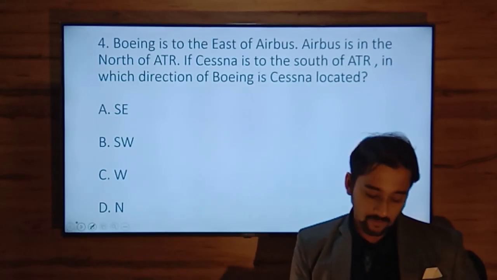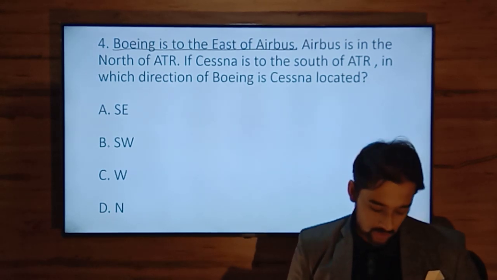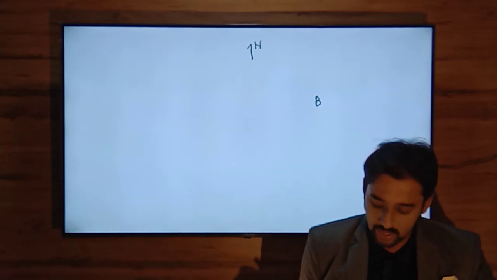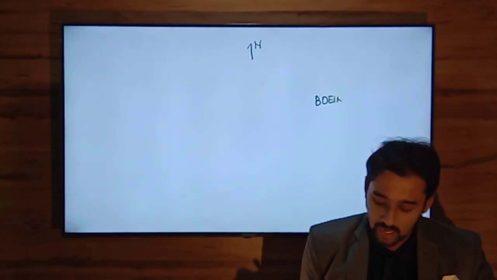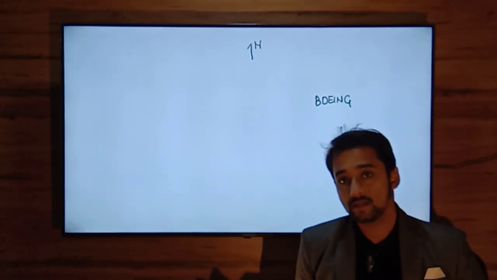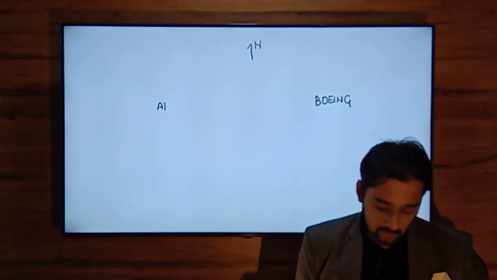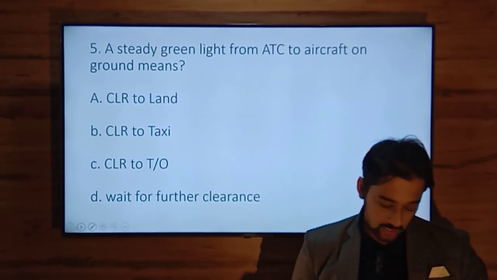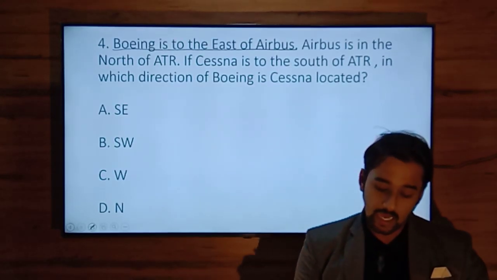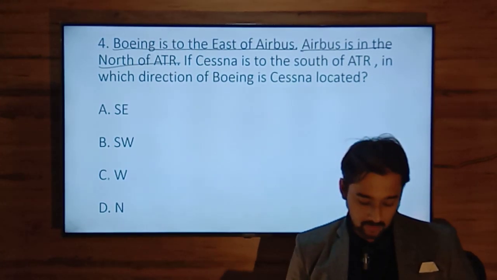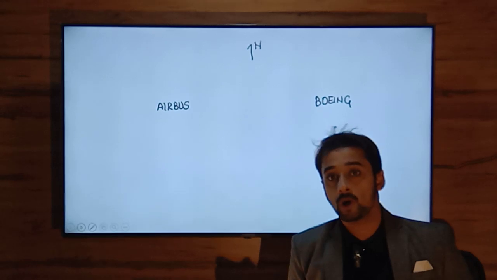Now we have been given the first statement: Boeing is to the east of Airbus. So we have a Boeing aircraft somewhere here, and Airbus is to the west of Boeing. So I'm drawing Airbus over here. The next statement is Airbus is in the north of ATR.